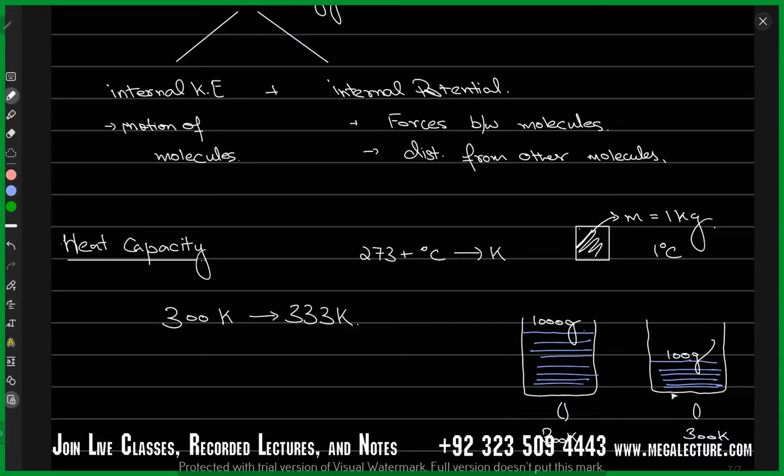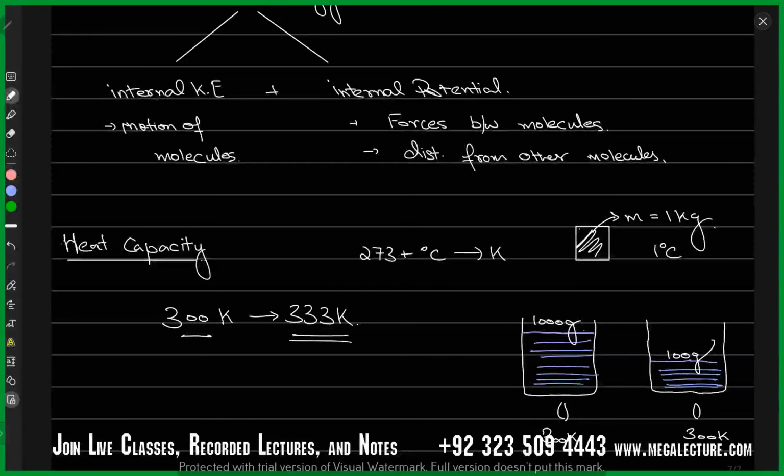So this 100 grams of water would heat up quickly compared to this 1,000 grams of water, right? And it kind of makes sense because there is less matter in this beaker, 100 grams of mass, and there's more matter in the 1,000 grams mass beaker. So what this means is that the 1,000 grams of water requires 10 times as much heat energy as the 100 grams of water would require to heat it from 300 to 333 kelvins, right?